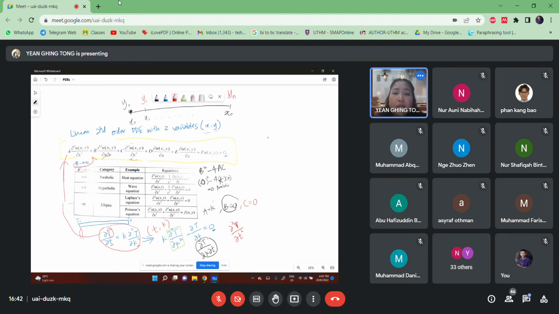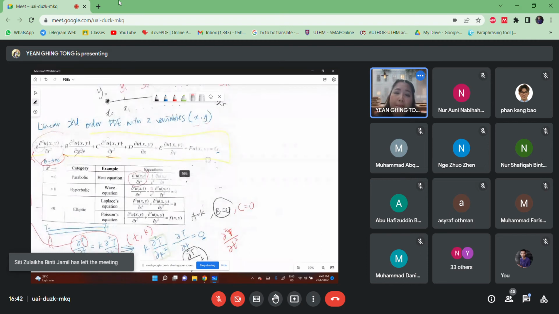Kalau tengok del second partial of U respect to X. So yang ni adalah apa? Ini kan? So A adalah 1. Okay, saya tulis balik. Sekejap.